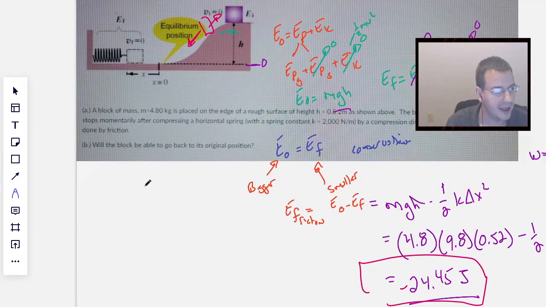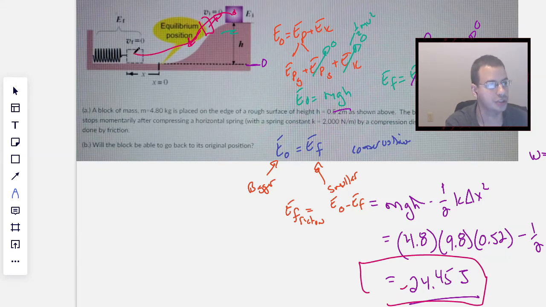Then it asks, will the block be able to go back to its original position? In this case, friction is not considered a conservative force. We're not getting that energy back. The potential energy is converted to kinetic energy as it goes down the ramp.